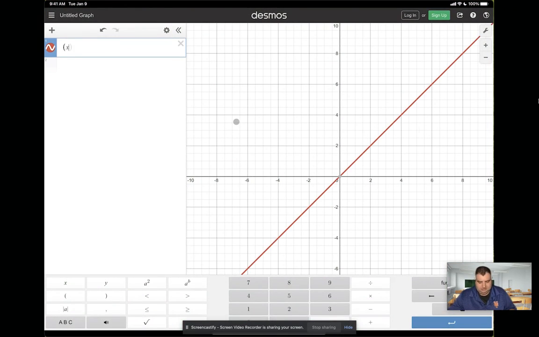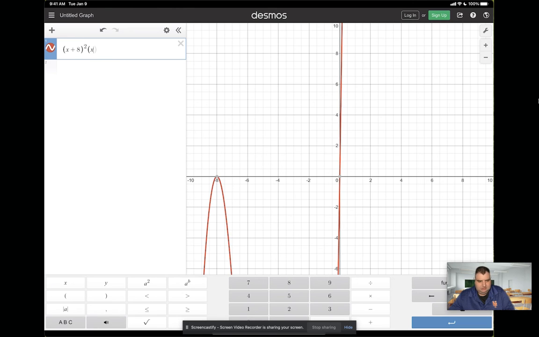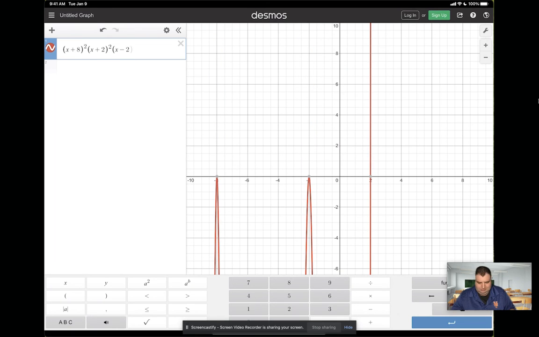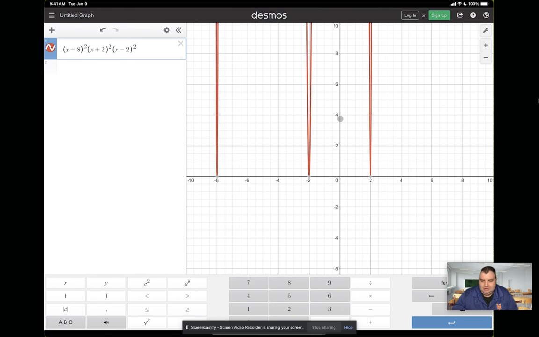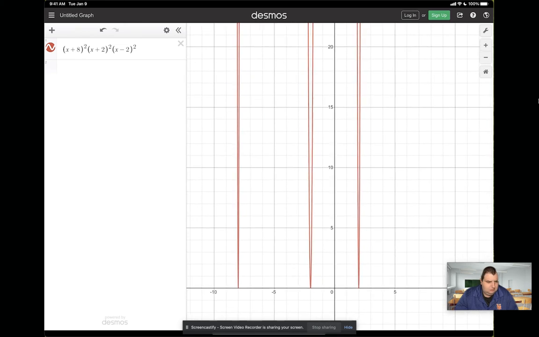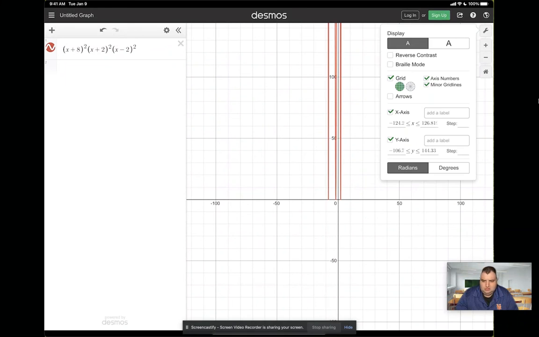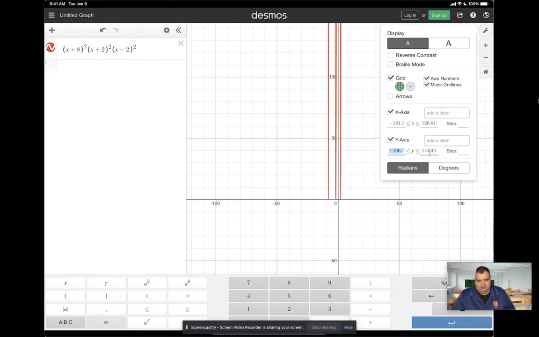So (x plus 8) squared times (x plus 2) squared times (x minus 2) squared. And if we zoom out here, let's see if we can get a better look at the window here. So I'm going to mess around with the window.